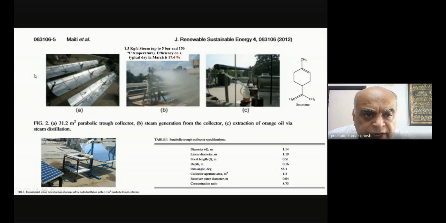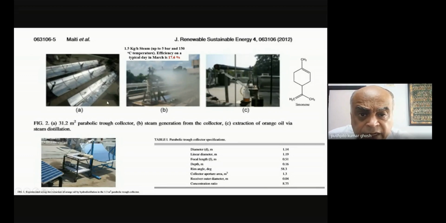This is the tube through which you pass water. And you can also have many of these in series, so it goes from one to the other, and that's how you build up the temperature.